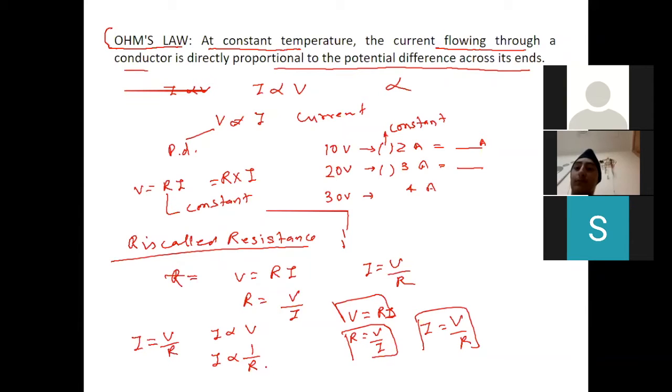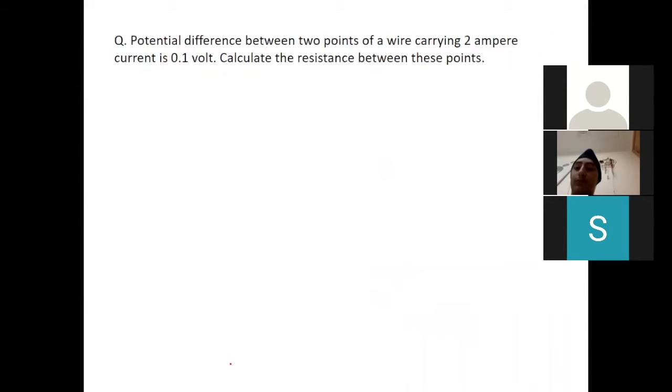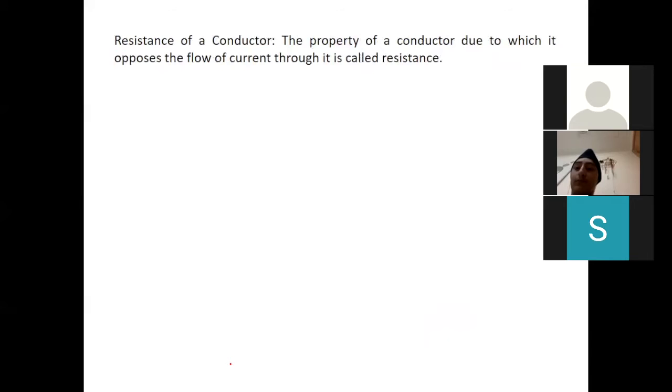Inversely proportional to the resistance means if R increases, current will decrease. Clear? So the property of a conductor due to which it opposes the flow of current through it is called resistance. I already explained that to you, and its unit is ohm.